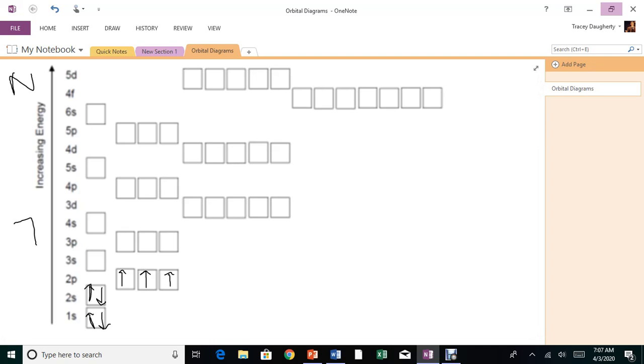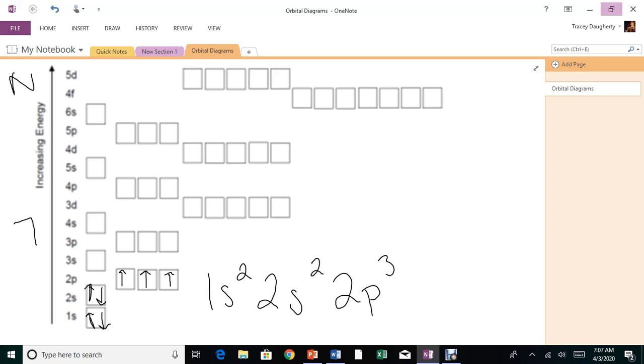So the electron configuration, all you have to do now is write down what you have drawn. So the 1s, we have 2 electrons in the 1s. We have 2s, 2 electrons in the 2s. And then in the 2p, we have a total of 3 electrons.